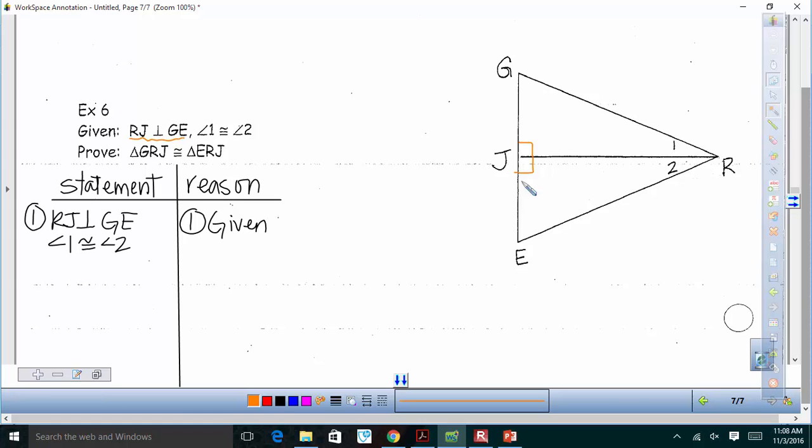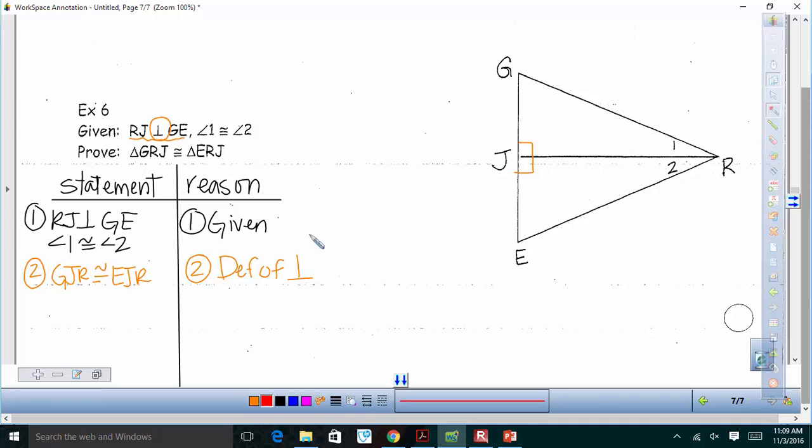So what does that mean about those two angles if they're both 90? They're congruent. So I need to write down that they're congruent because up here it doesn't tell me the angles are congruent. So what would this angle right here be? You can say RJG or GJR. Either one is fine. I'm going to do GJR is congruent to EJR. And that is because the definition of perpendicular, it tells you right here.